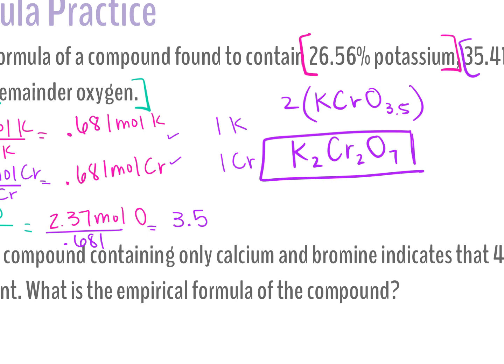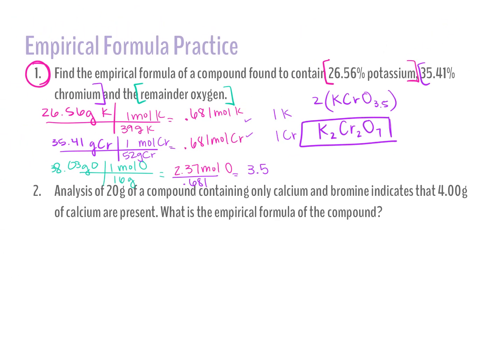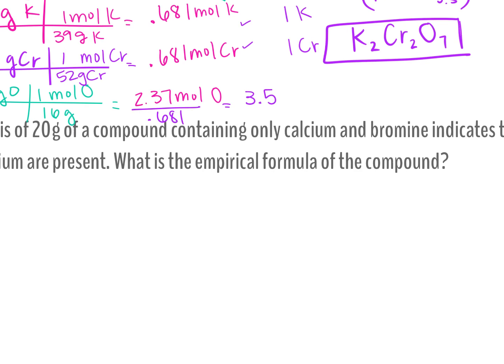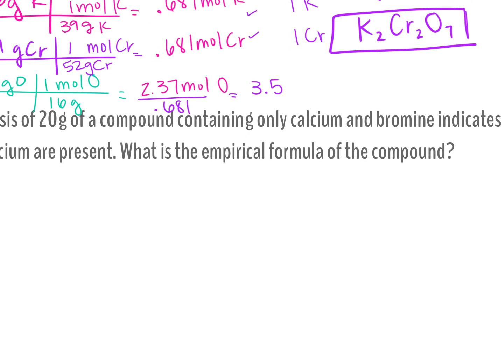Okay, let's go ahead and try this last one together here, and then we'll move into molecular formulas. Okay. This question says, let me make it a little bit bigger here, sorry. Analysis of a 20-gram compound containing only calcium and bromine indicates that 4 grams of calcium are present.